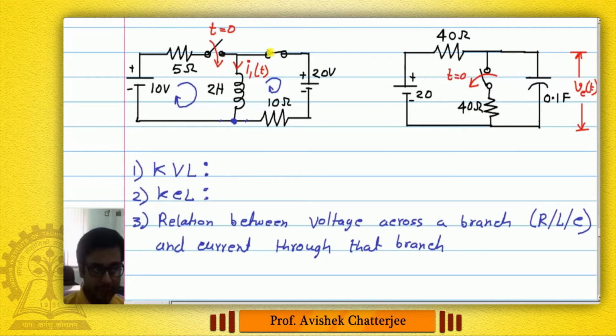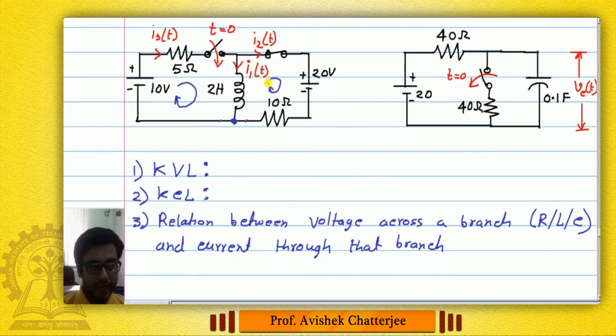For example, if I call this current as I1(t), then this current as I2(t), this current as I3(t), they are all functions of time.